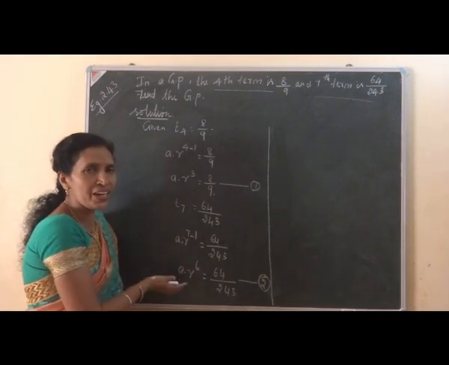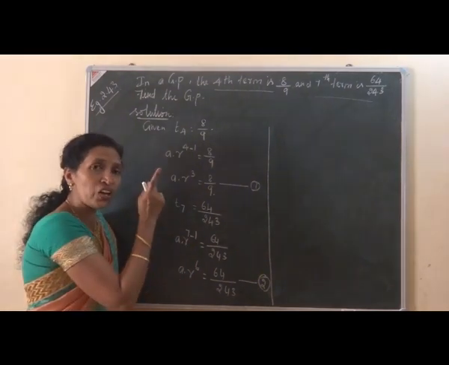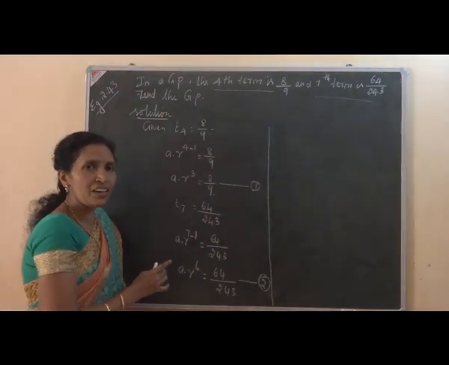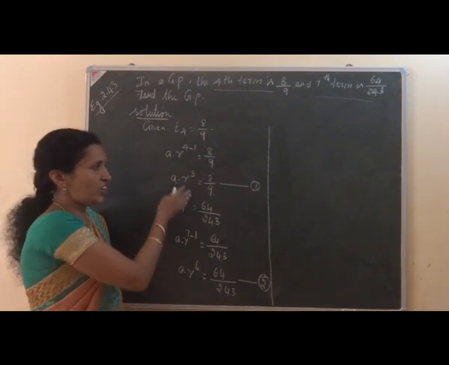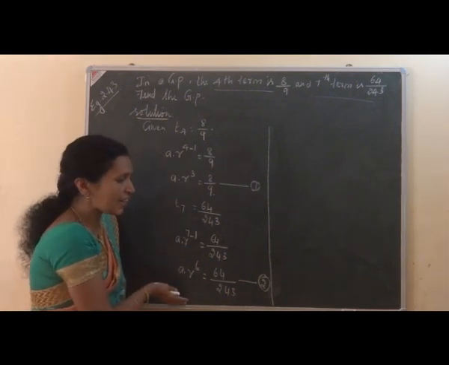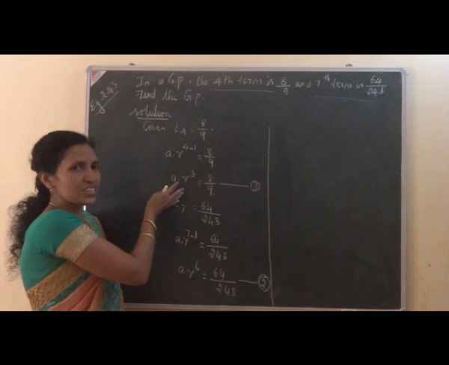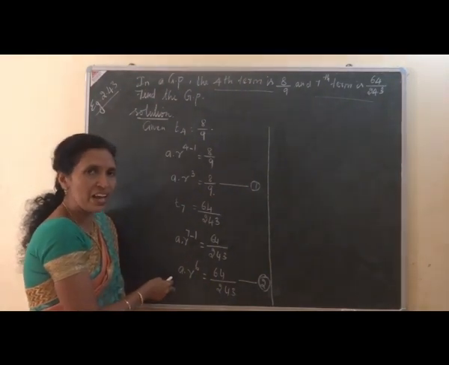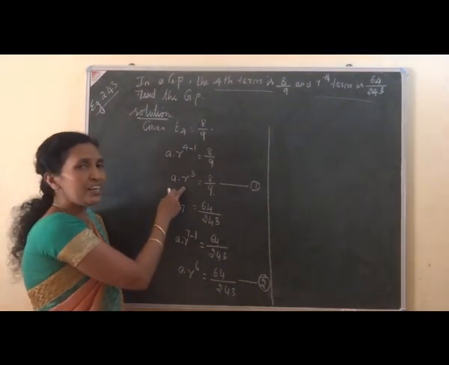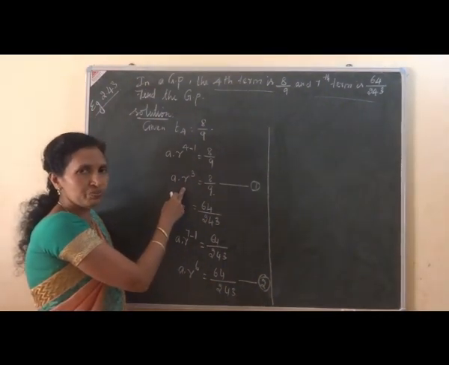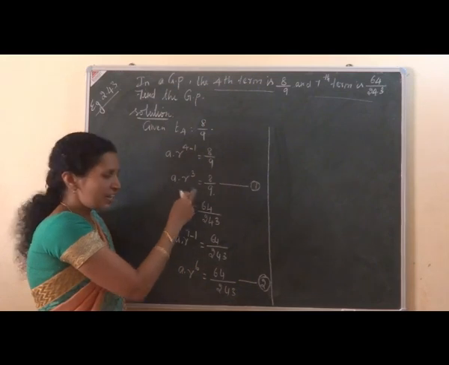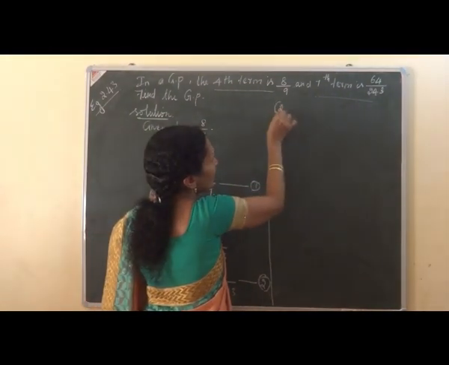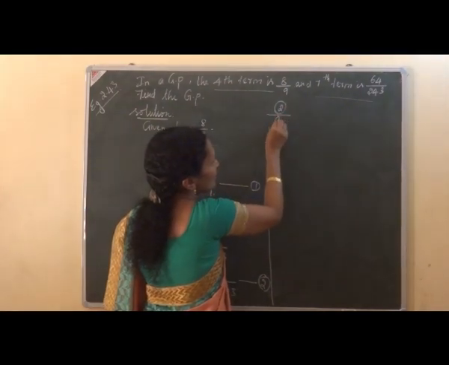You need the value of A and R. When you divide the second equation by the first equation, you can cancel the A and then you can find the R value. So you have to divide the second equation by the first equation.